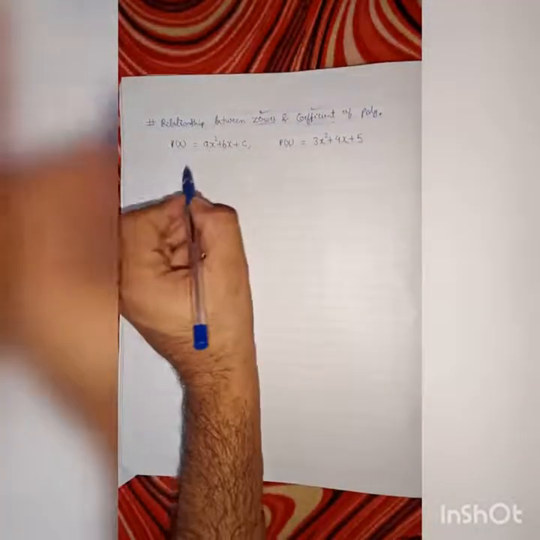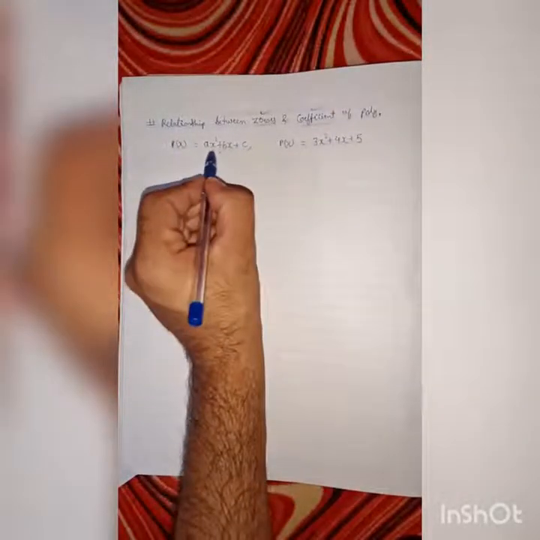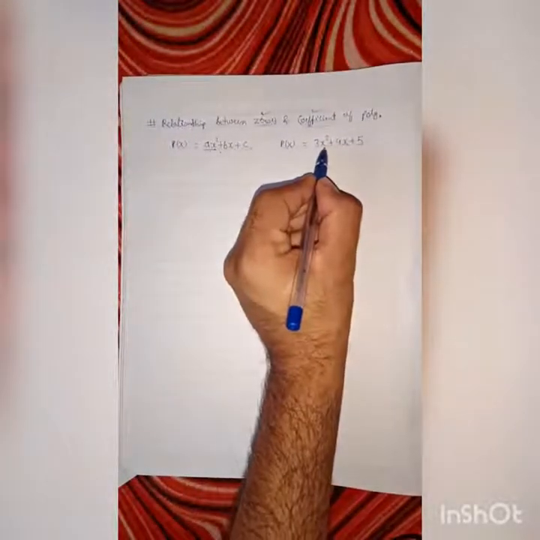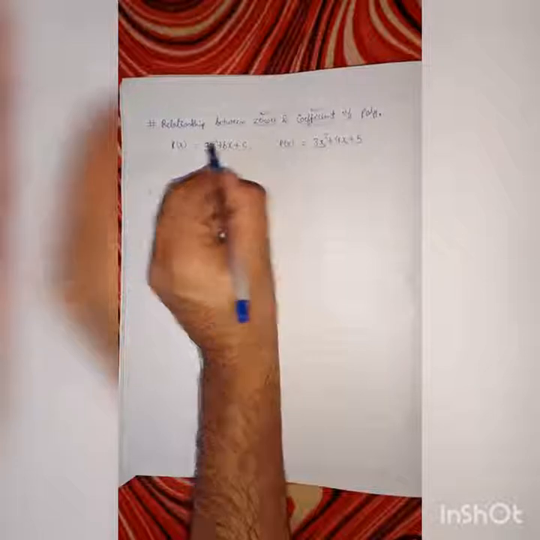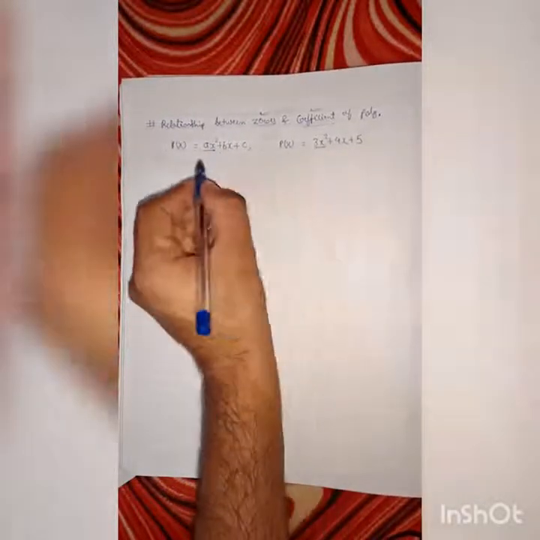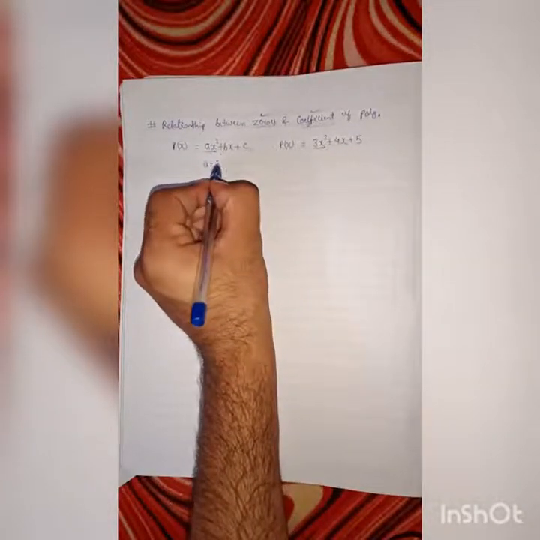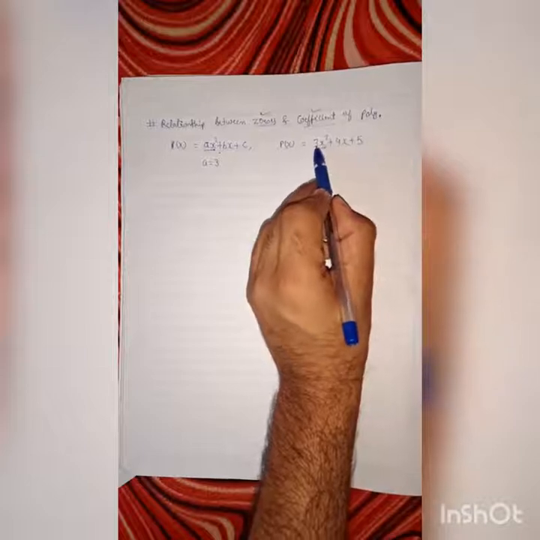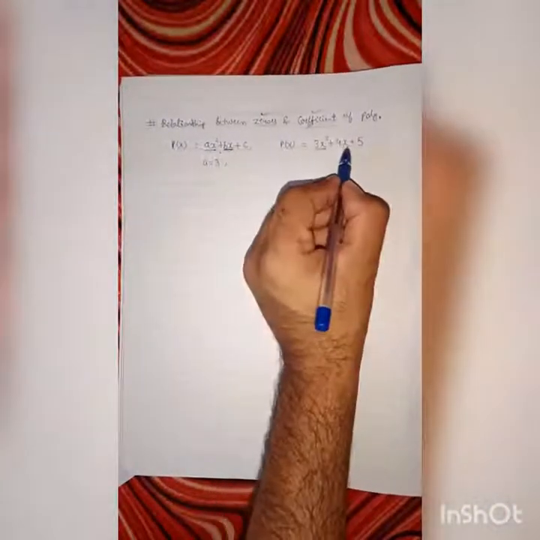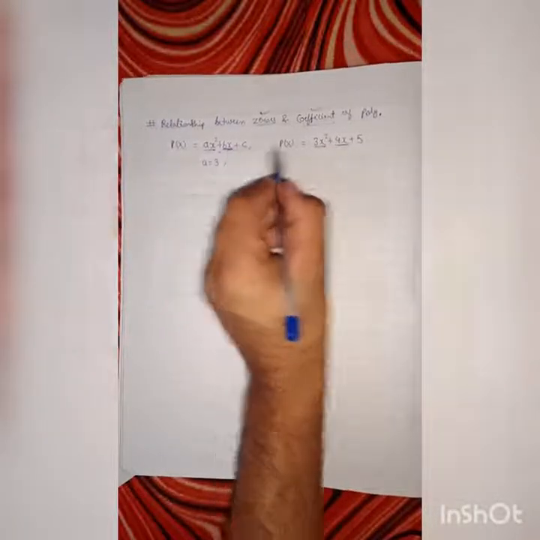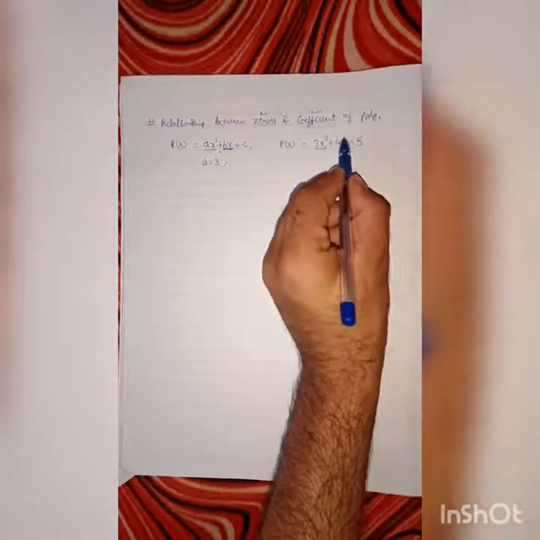So I'll compare both the expressions. First, ax square will be compared with 3x square. So with x square here we have a, and with x square here we have 3. So the value of a is 3, meaning the coefficient of x square is 3. Second thing, the coefficient of x will be 4.